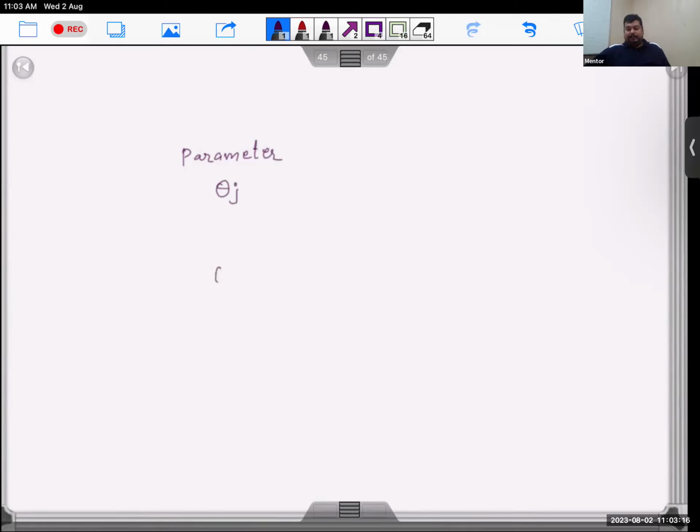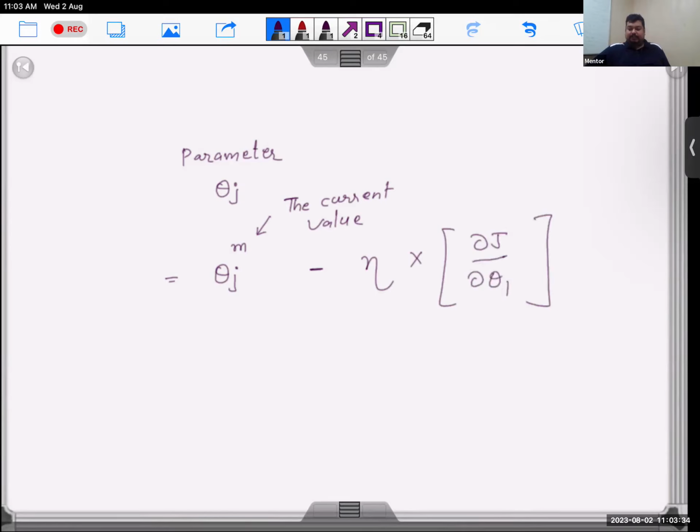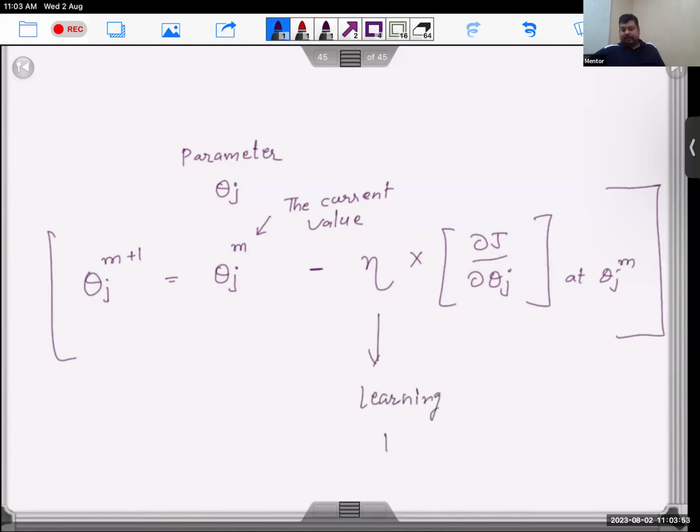So I'm going to write it like this: theta j of m+1 equals theta j of m, the current value, minus eta times the gradient of the given function computed at theta j of m, and this value will give you the next value. Does that make sense? Is this part clear? I've just written it like this.